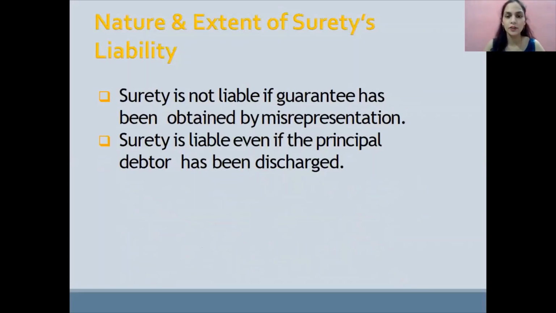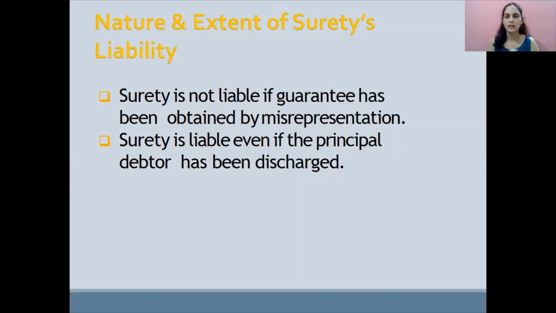Next, the surety is not liable if the guarantee has been obtained by misrepresentation. Again, as we have seen, when there is misrepresentation, that is, certain facts have been presented wrongly to the surety, be it innocently or intentionally, then in that condition, the surety's liability is nullified.